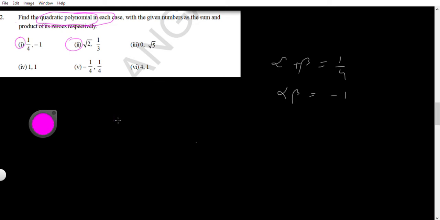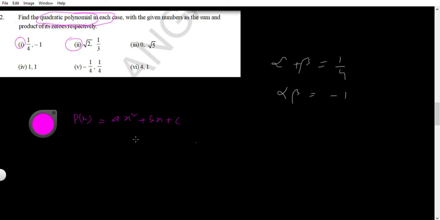Here, I would like to take ax square plus bx plus c as my quadratic polynomial. Say p of x is equal to ax square plus bx plus c.